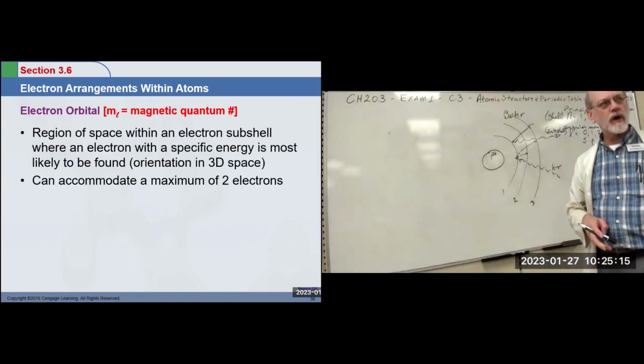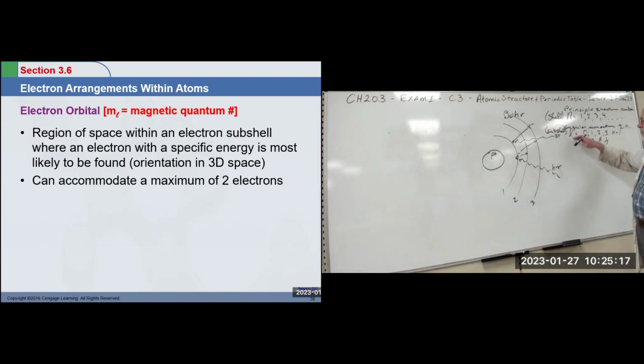We're going for 4 quantum numbers. We've got the n, we've got the L. Then within each one of these, you could have m sub L. This is the magnetic quantum number. The magnetic quantum number takes any one of these and says minus L to plus L, with 1 step at a time.